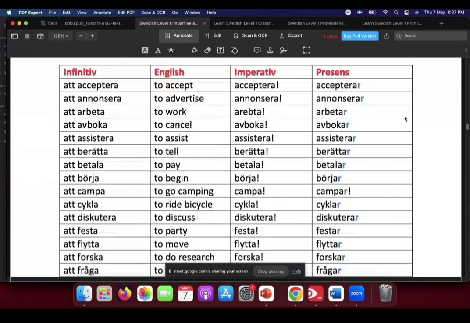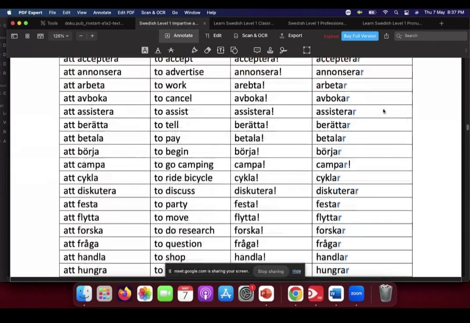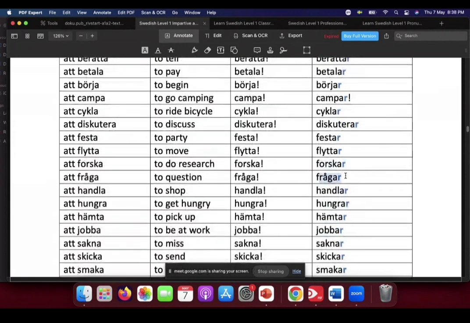So now, if you read all other examples, you will realize we just add one R. At berätta, berättar. At betala means to pay, betalar. At börja, to begin. At campa, to go camping, campar. At cykla, cyklar. At fixa, fixar. At festa, festar. At flytta, flyttar. At fiska, fiskar. At fråga, frågar. At handla, handlar. At hungra, hungrar, to get hungry.